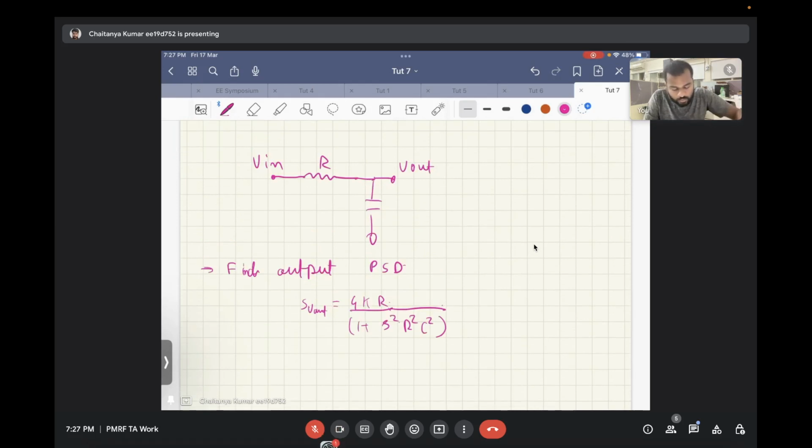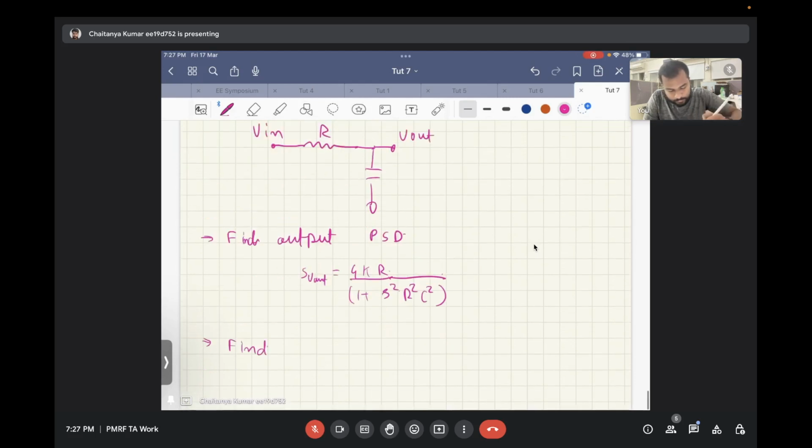Now, what is to find the input PSD? What will you have to do? With respect to input, we have to find out, sir. Yeah. So first of all, you will find the transfer function from input to output. What is the transfer function from input to output?